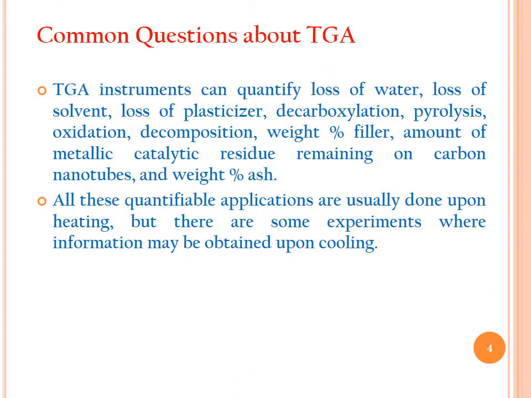The TGA instrument can quantify loss of water, loss of solvent, loss of plasticizers that are used in thermosetting and thermoplastic resins to increase flexibility, decarboxylation, pyrolysis, oxidation, decomposition, weight percentage of fillers used in different types of polymers, usually in paints, the amount of metallic catalytic residue remaining on carbon nanotubes, and percentage weight of ash.